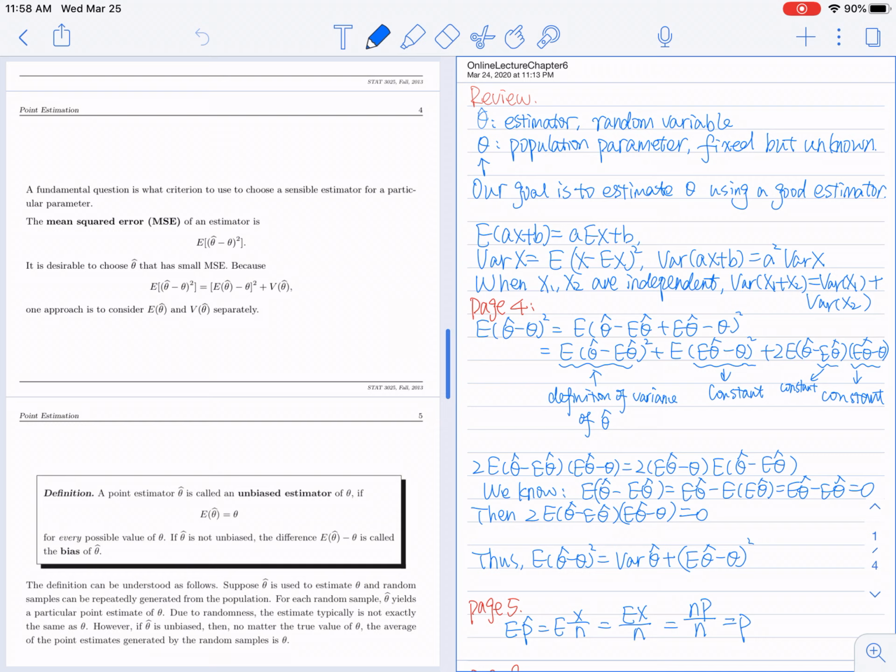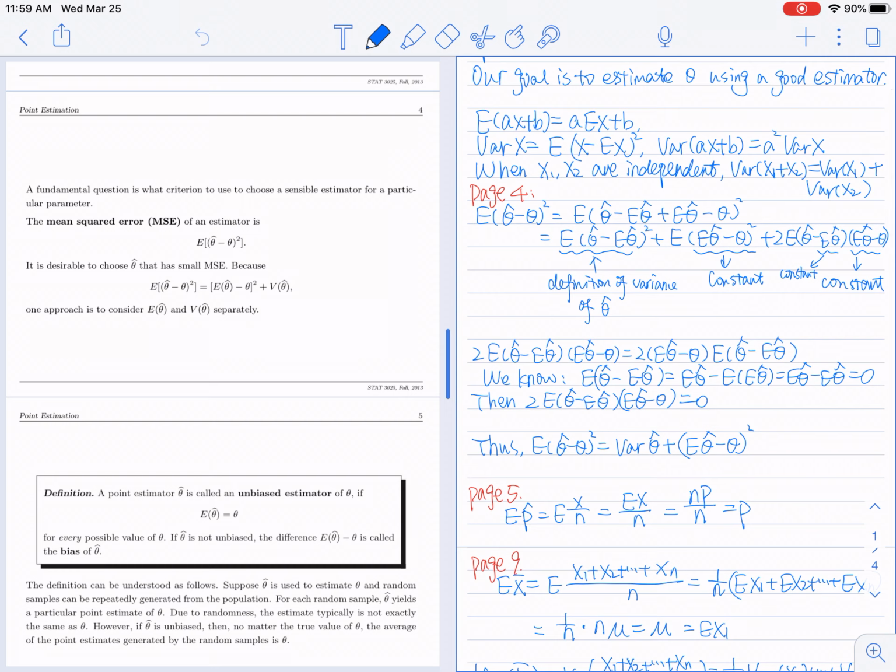As you can see, the key point is to add the expected value of theta hat and then minus the expected value of theta hat. And then we expand the square, and it turns out that the multiplication parts become 0 because many of them are constant, so that you can take them out.